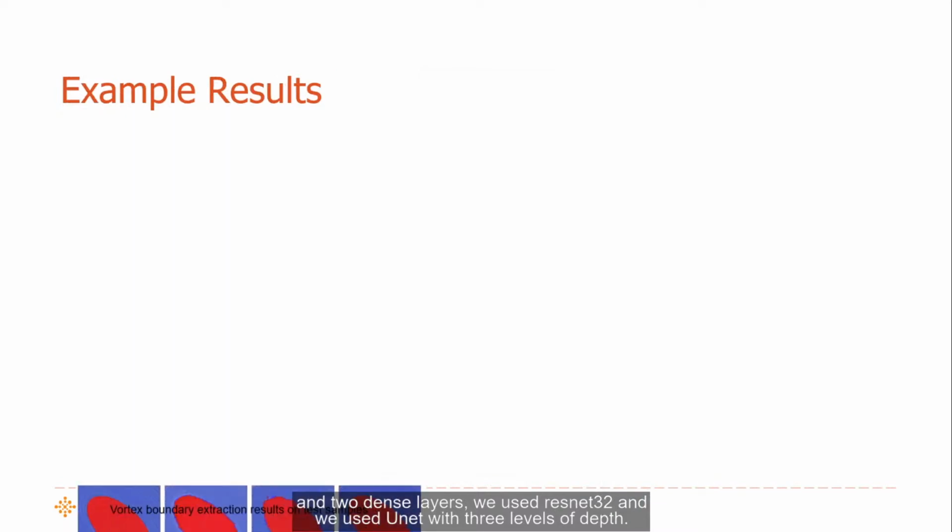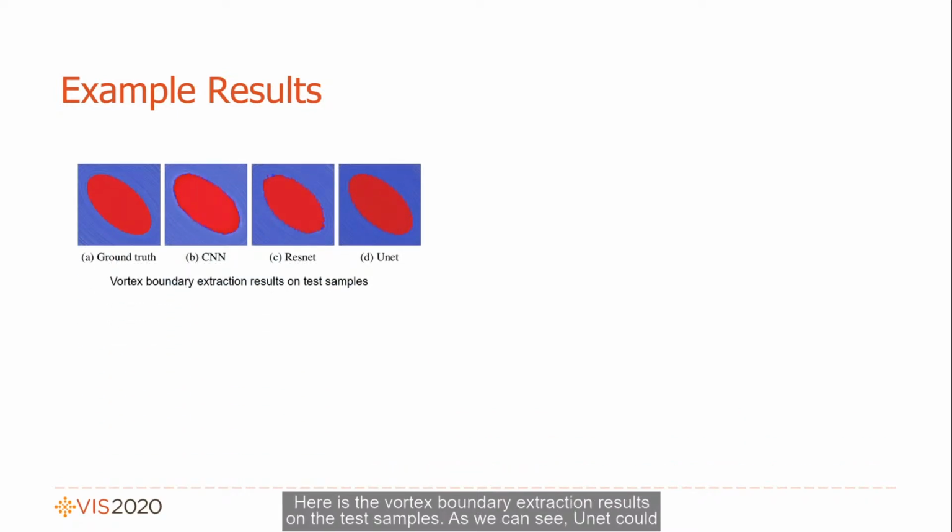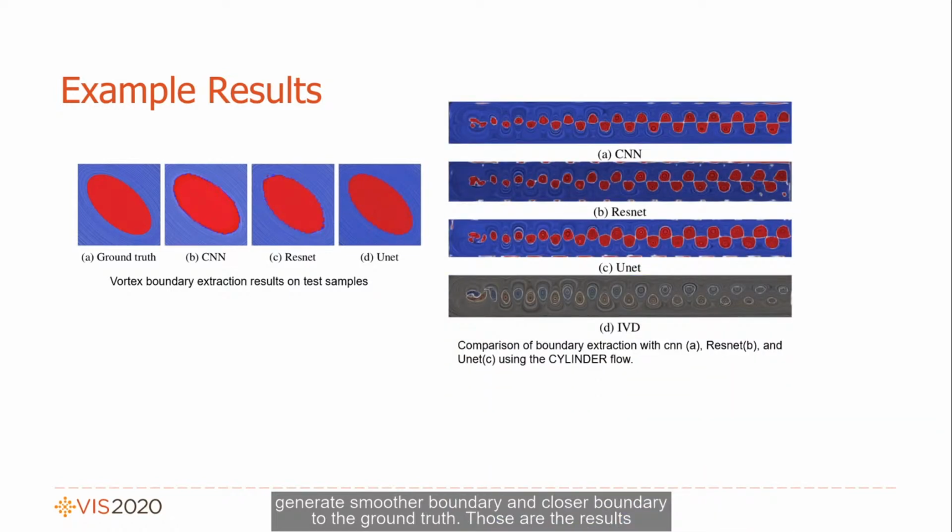Let's look at some results. Here are the vortex boundary extraction results on the test sample. As we can see, UNet could generate a smoother boundary and one closer to the ground truth. And those are the results of the different architectures on numerical flow. Again, we can see that UNet could beat the other two networks.